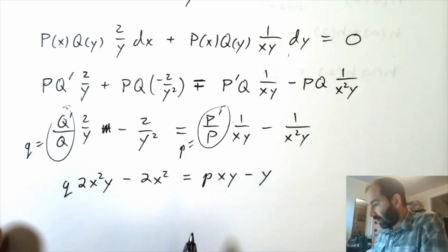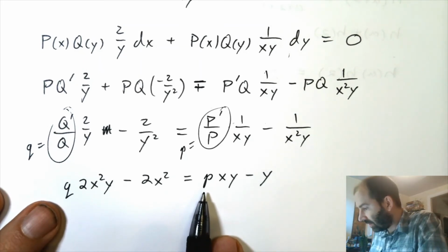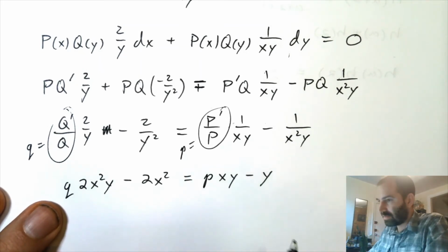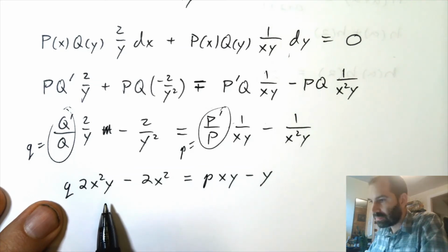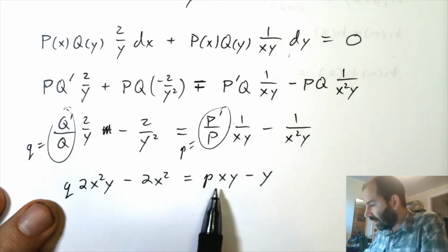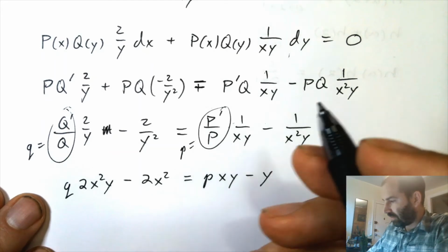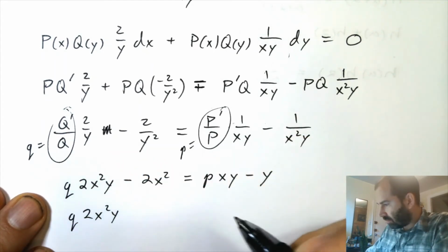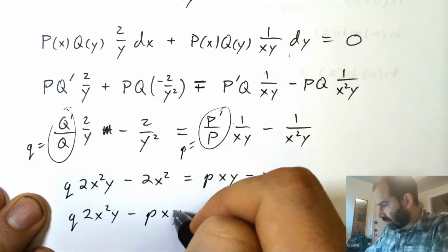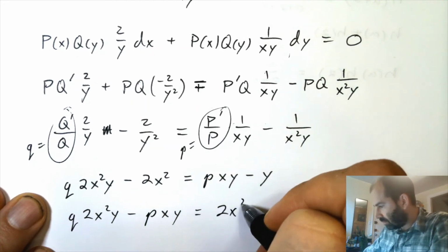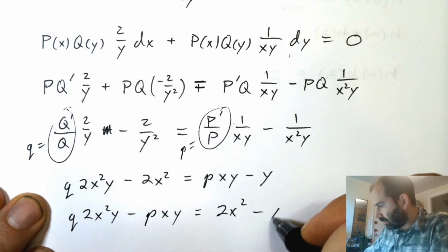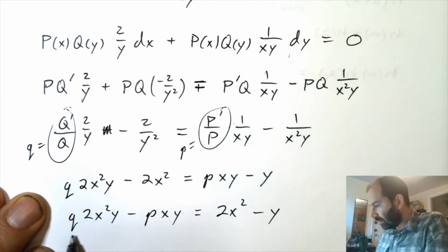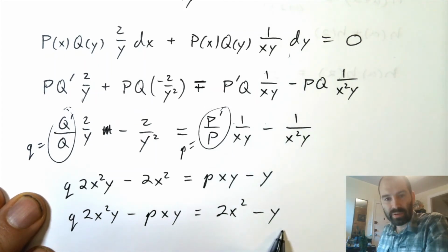All right, what can we do with this? Well, let's see. I see. Let's collect the p's and the q's on the left, right? I need what's on the left to equal what's on the right.